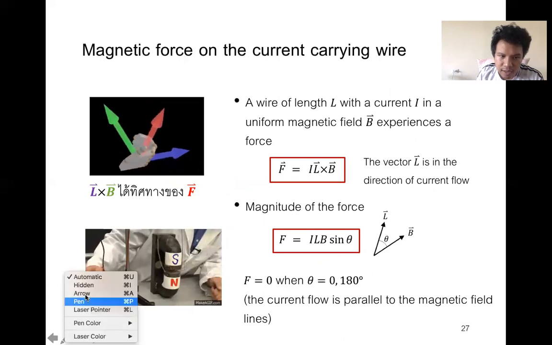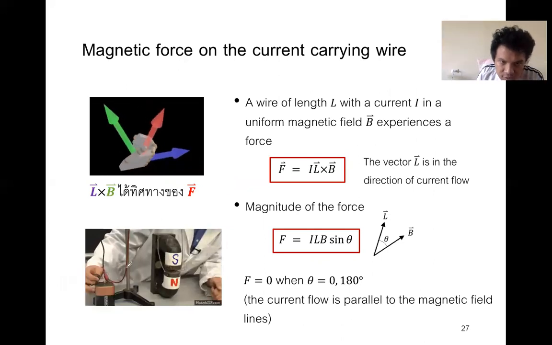So it is essentially similar to what we have for qv cross B, because the current is actually dq by dt, or the rate of change of the electric charge.